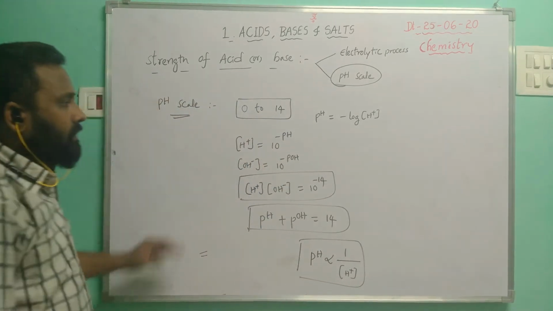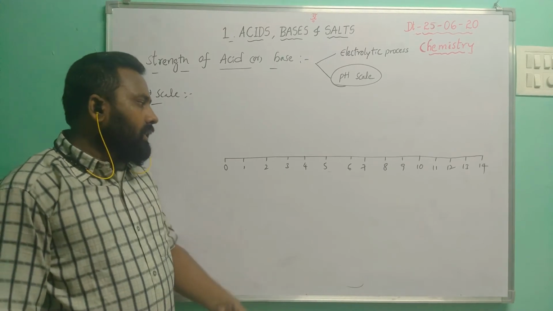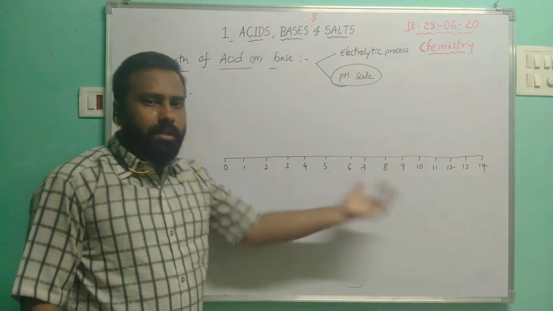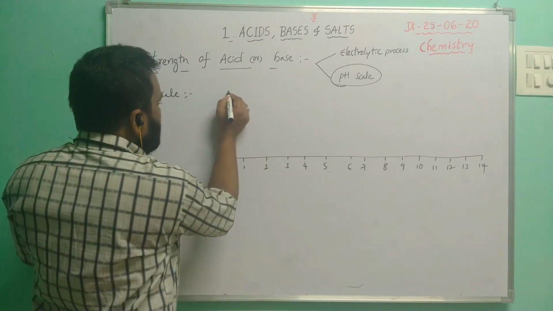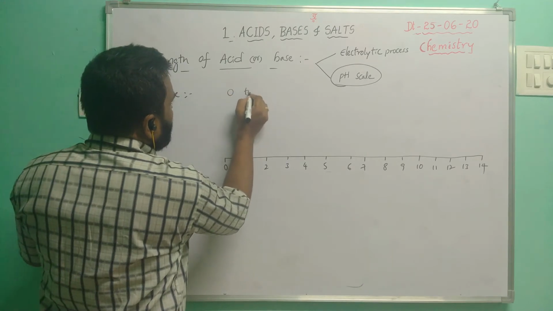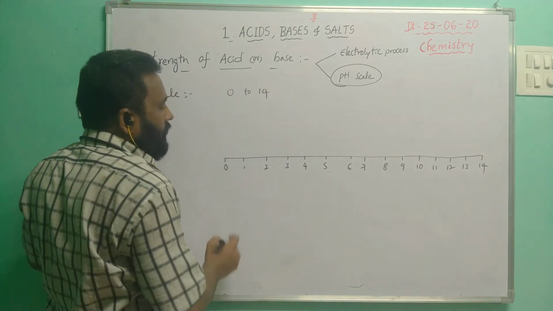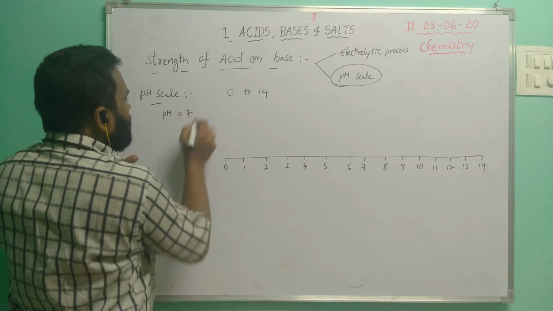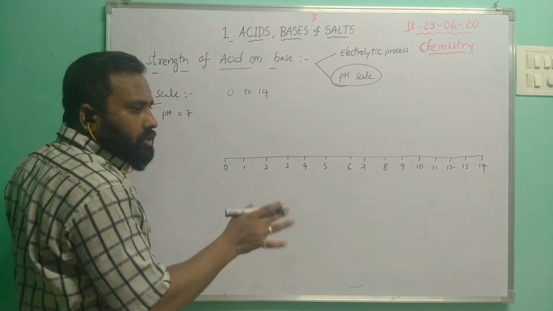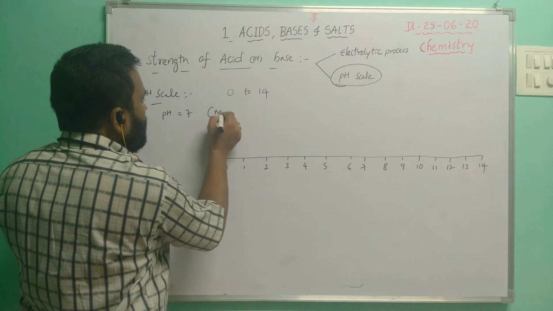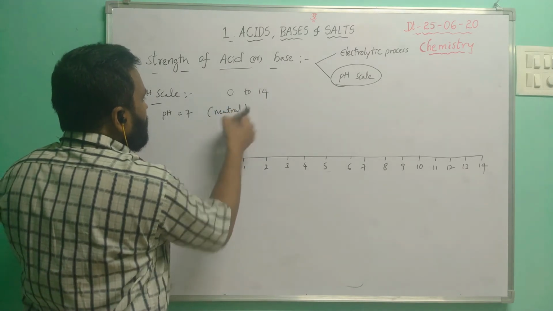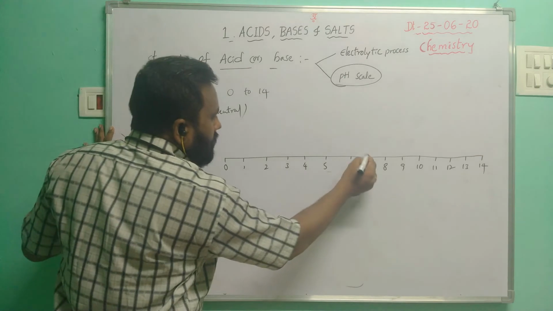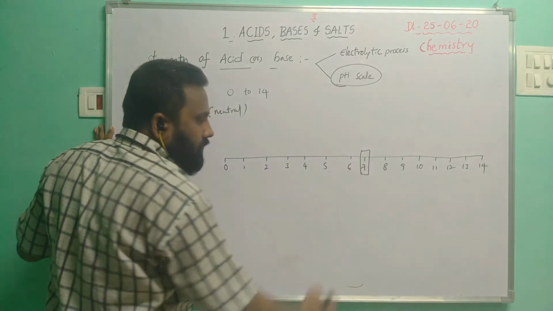The pH scale contains numbers 0 to 14. So pH equal to 7 means the solution is neutral.